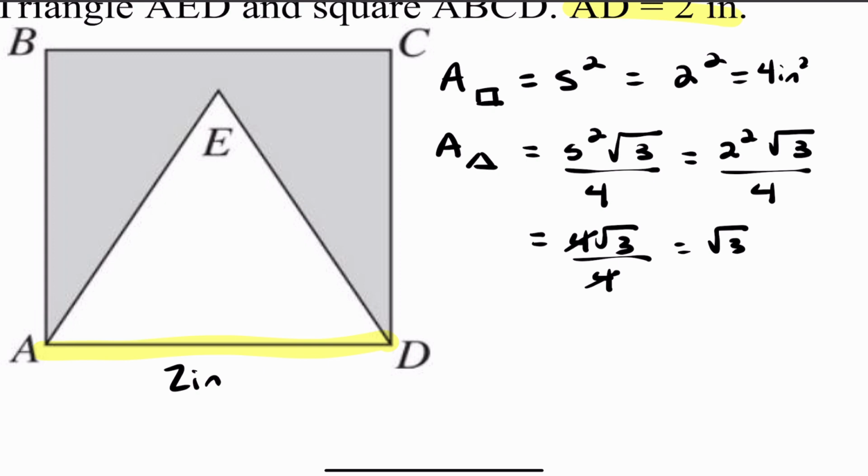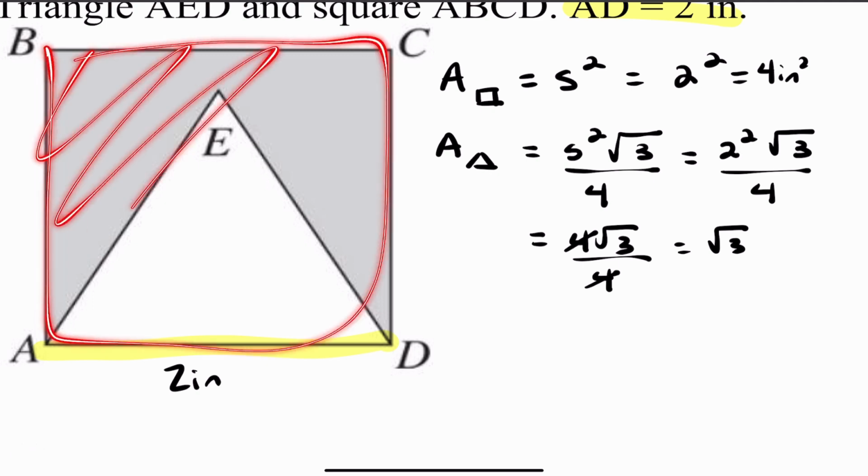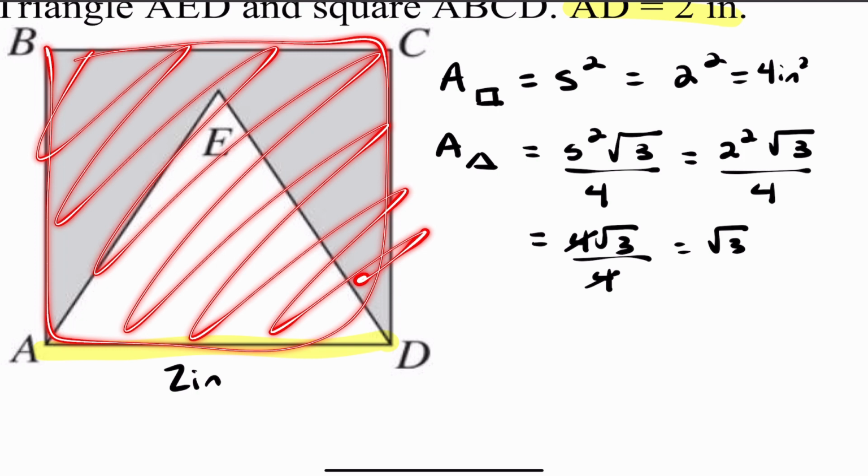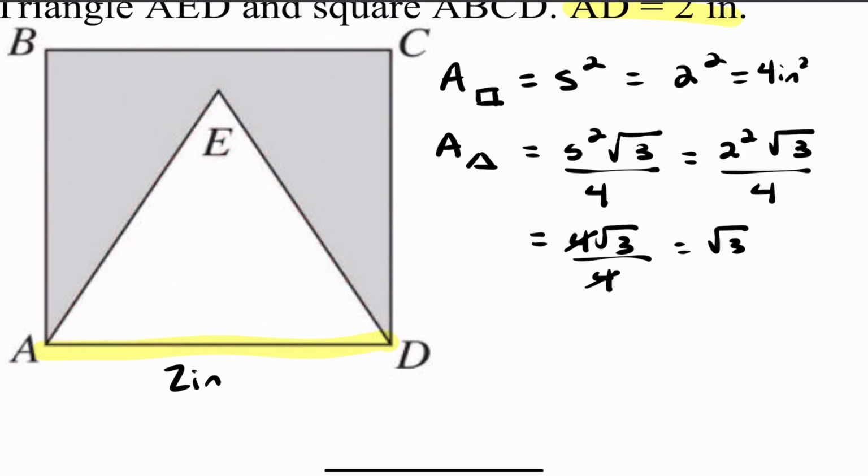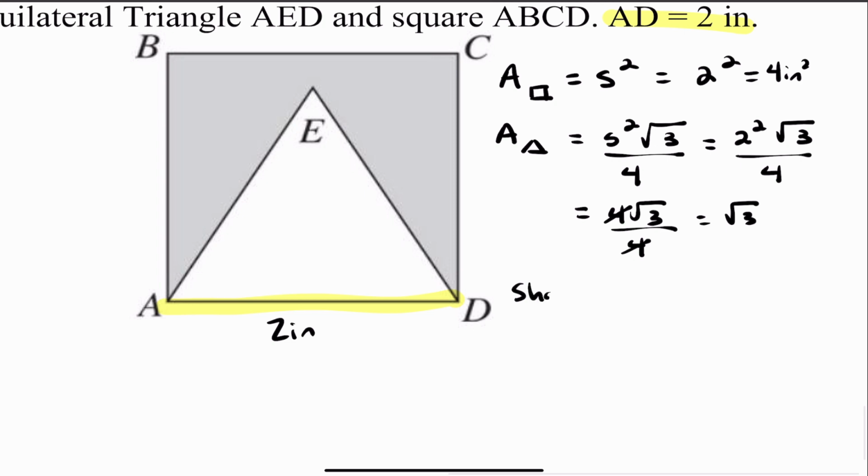Okay, so now what I need to do is I have the area of this square, and let's say that this equilateral triangle erases part of that shading. So I have this white space here. It's basically shaded minus unshaded. That's how you find the area of the shaded region.